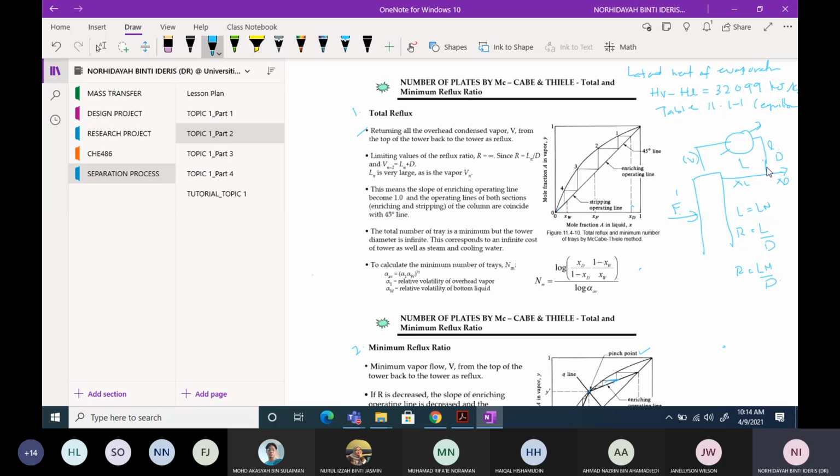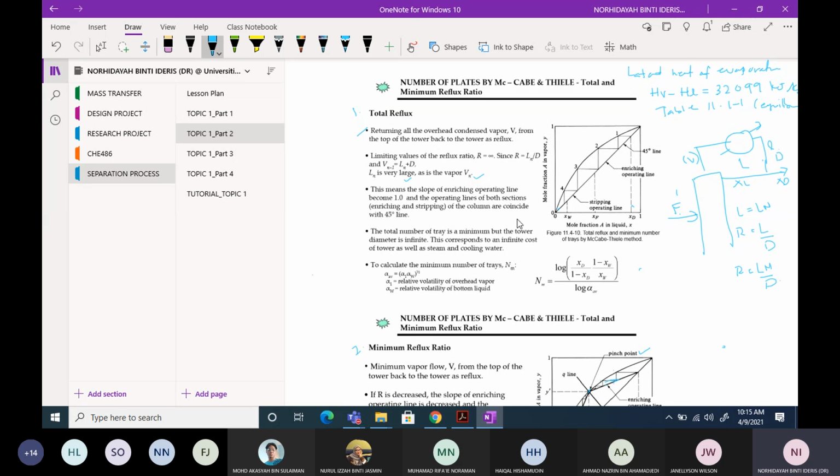So the limiting value of the reflux ratio R is equal to infinity since D is equal to 0. R is Ln divided by 0, which will give you infinity, which means that Ln will be very large. The same goes for the vapor Vm, because all the liquid is sent back inside the column.